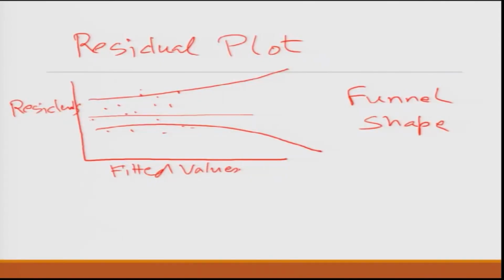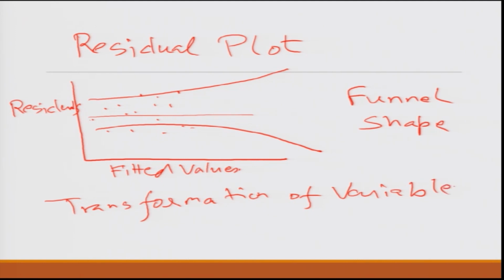Now, how do you deal with this? There are various ways. Depending on the kind of plot you see, one of the simplest ways to deal with it is to do a transformation of variable. So, for example, earlier you were trying to plot y, and this showed a lot of heteroscedasticity.